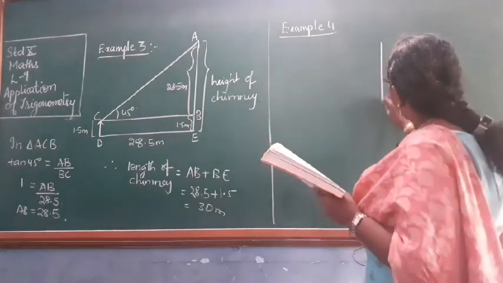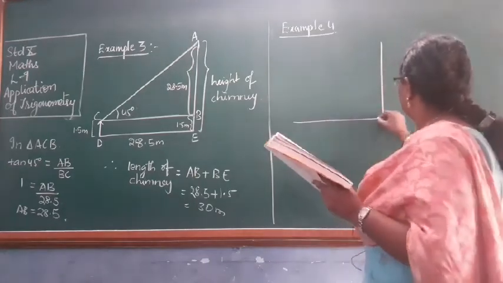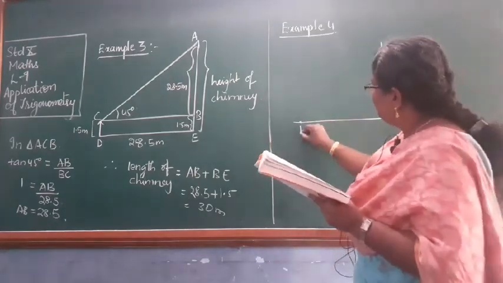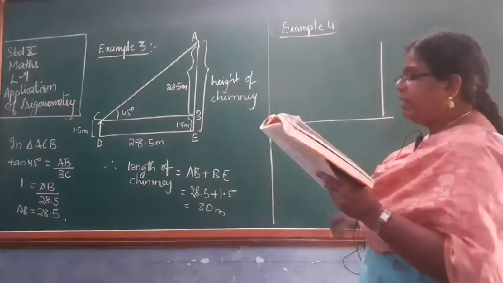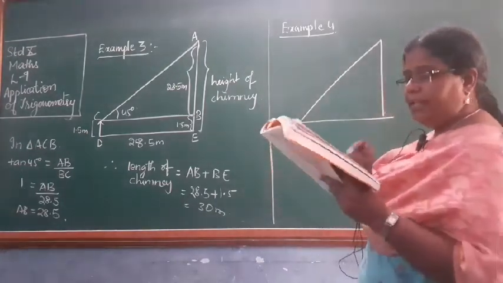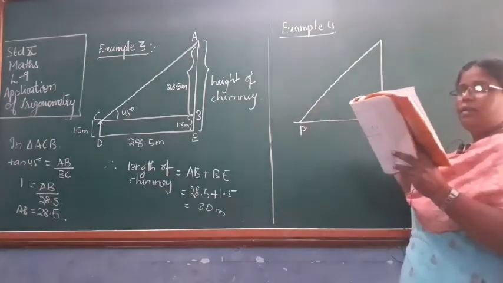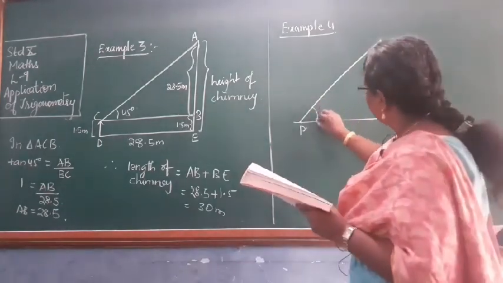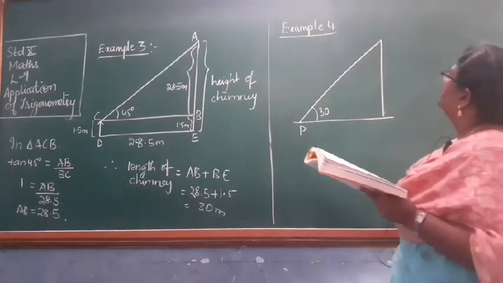So there is a 10 meter tall building. This is the ground, and from a point P, the angle of elevation to the top of the building is given as 30 degree.